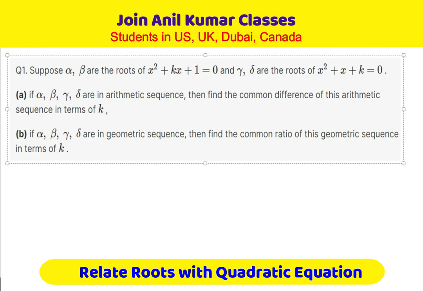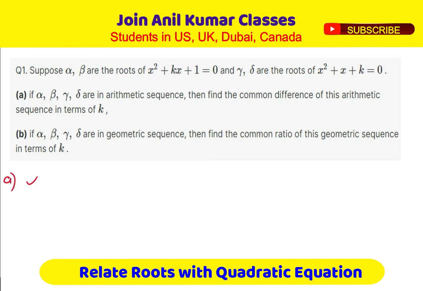We'll try to understand the strategy behind the concepts which can be applied effectively to get the solution. First thing is part A, where alpha, beta, gamma and delta are in arithmetic sequence. We need to find the common difference.